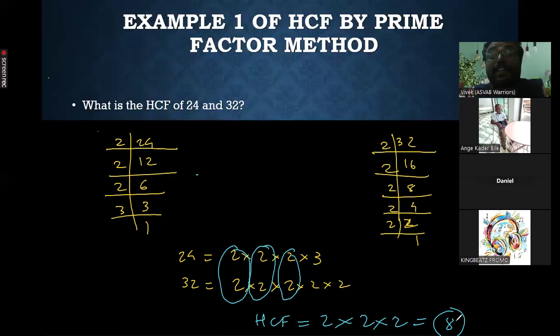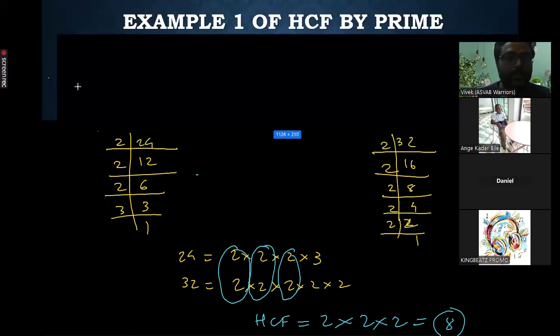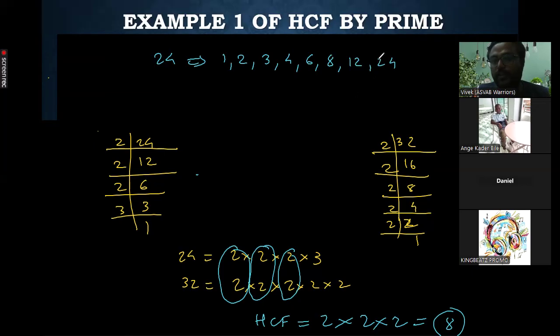Basically, we are going to find the highest common factor. There is another way of doing this as well. Let me tell you the basic way how we can solve it. First, I'll write down the factors of 24. I can divide 24 with 1, then 2, then 3, 4, 6, 8, 12, and 24. These are all the factors that I can divide 24 with.